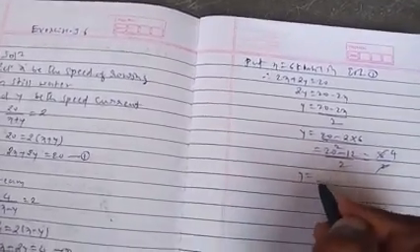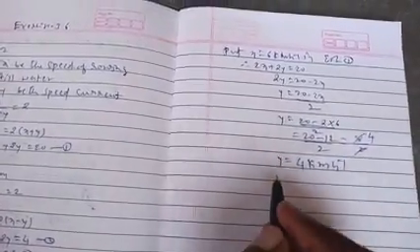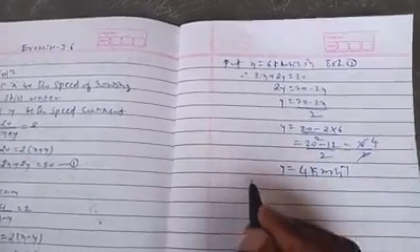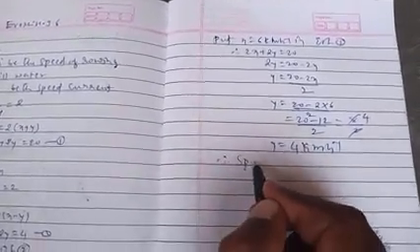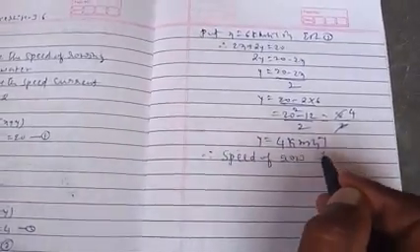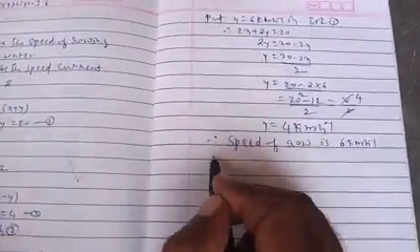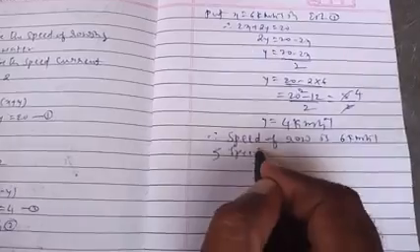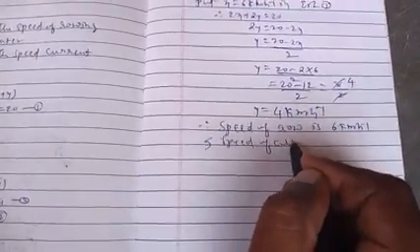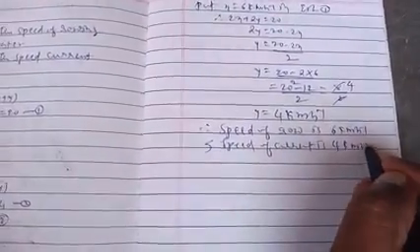Therefore y equals 4 kilometers per hour, the speed of current. So the speed of rowing is 6 kilometers per hour and the speed of current is 4 kilometers per hour.